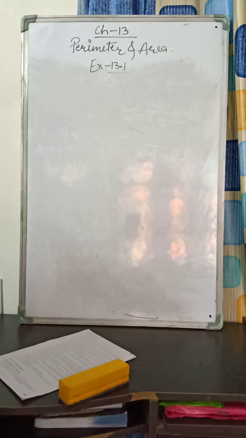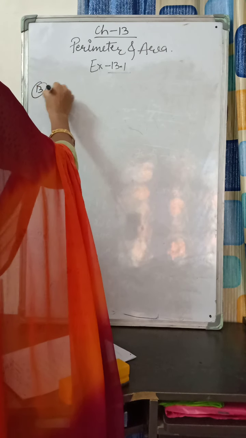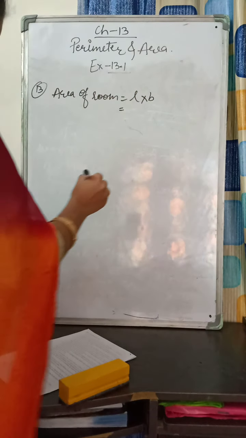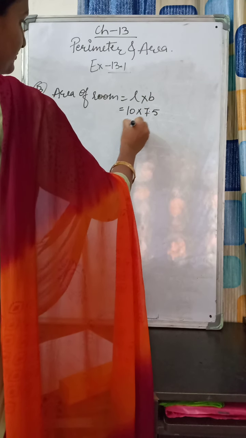So students, here we can find the area of the room, that is length into breadth, and the length is 10 meter and the breadth is 7.5 meter.